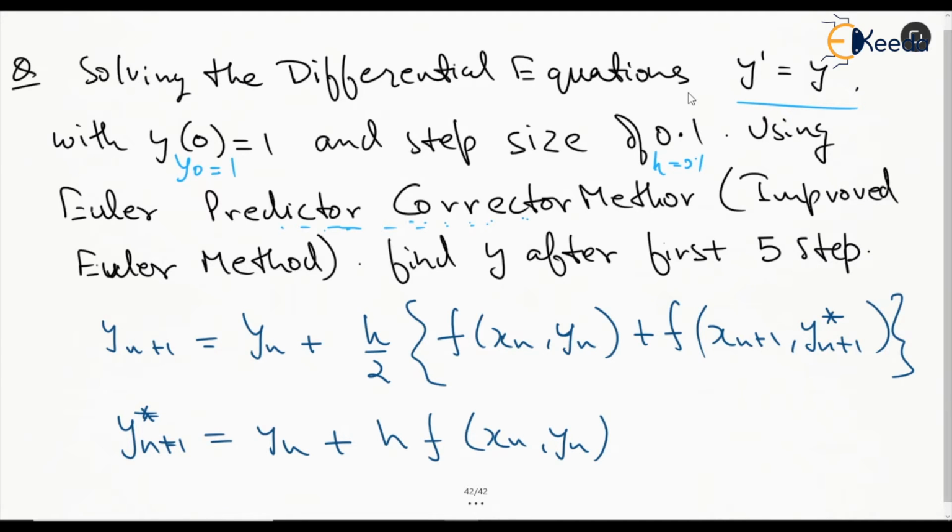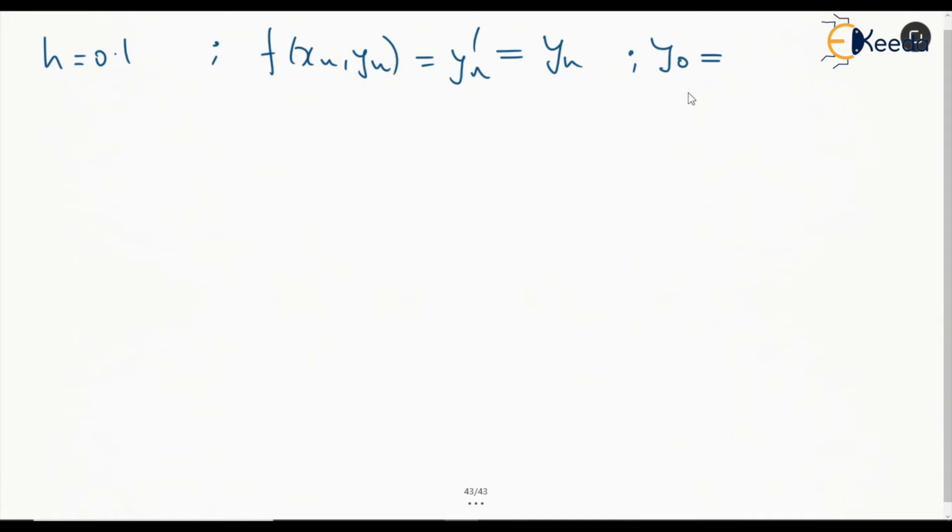So let's see. This h is equal to 0.1, f of xn yn is y dash at n, which is nothing but yn. Also y0 is 1. So these are the informations provided.